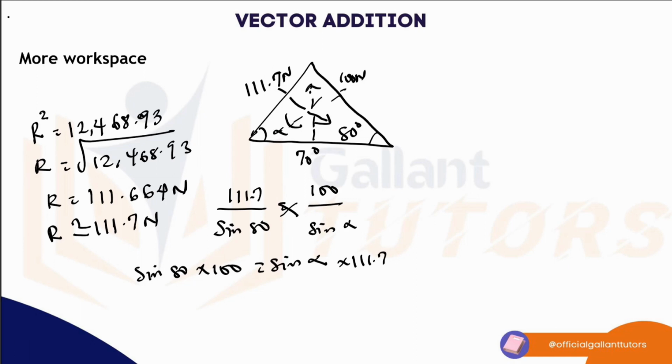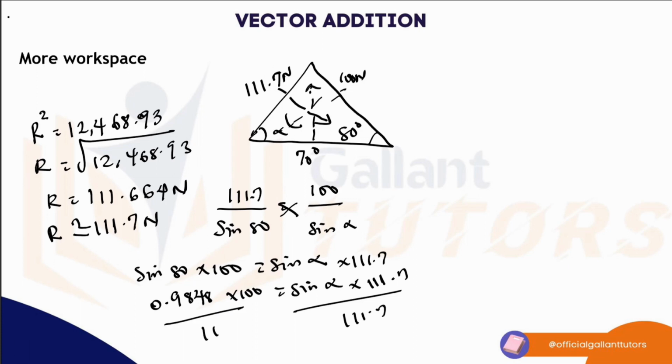All right, so sine 80 is what? Okay, sine 80 is 0.9848. So times 100 equal to sine alpha times 111.7. Divide both sides by 111.7.